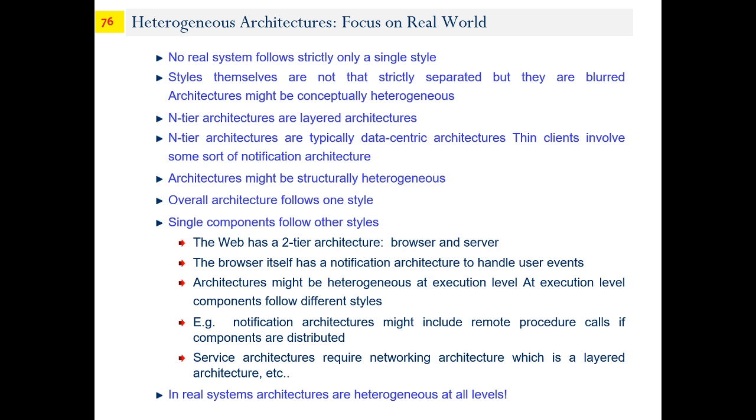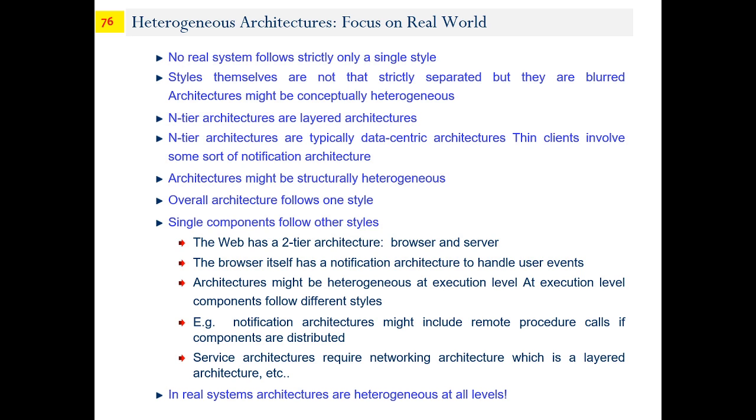Then heterogeneous systems and heterogeneous architectures, they focus on the real world. No real system follows strictly only a single style. Just see to it that entire architectures are layered architectures. They are data-centric architectures, and architectures might be structurally heterogeneous, and a single component may follow other styles.